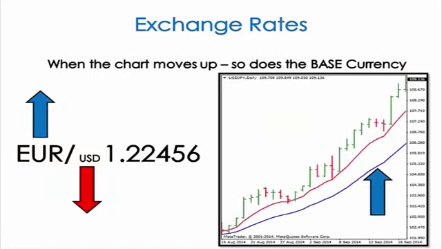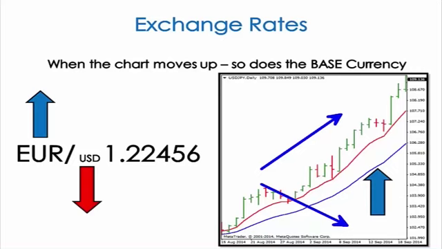If we backtrack and look at that upward trend, the euro dollar going up, imagine if you could change it round to dollar euro. If the euro dollar was going up like this, the dollar euro would be going down. It would be doing the opposite.